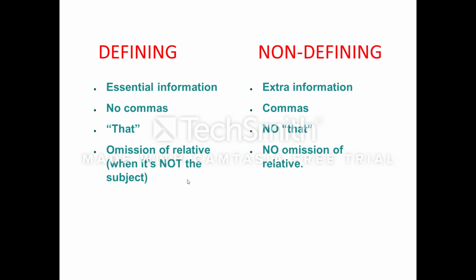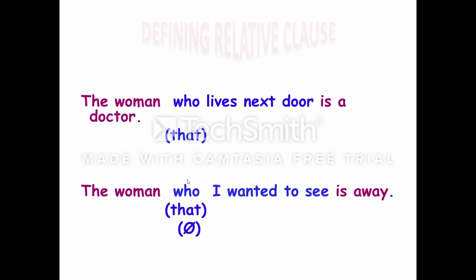We don't use commas, we can use that, and omission of the relative pronoun is possible here when it's not the subject. Non-defining relative clauses give us extra information. We can use commas, we cannot use that, and it is not possible to omit the relative pronoun.